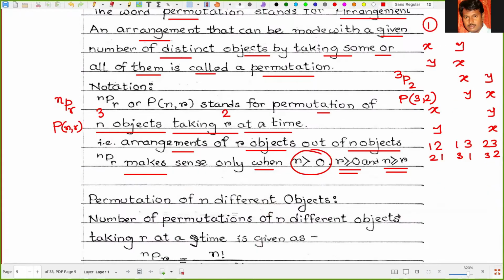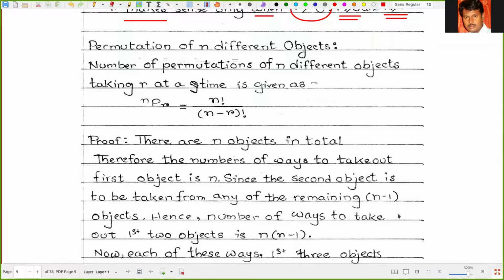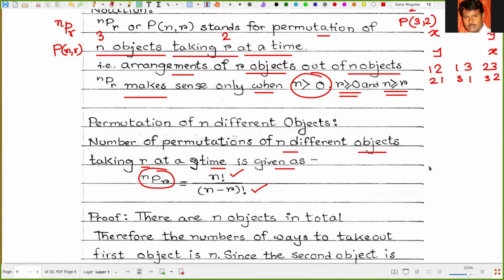So, permutation of n different objects. The number of permutations of n different objects taking r at a time is given as nPr equal to n factorial upon n minus r factorial. So we can write nPr as n factorial upon (n minus r) factorial. Now once again we can check it here.